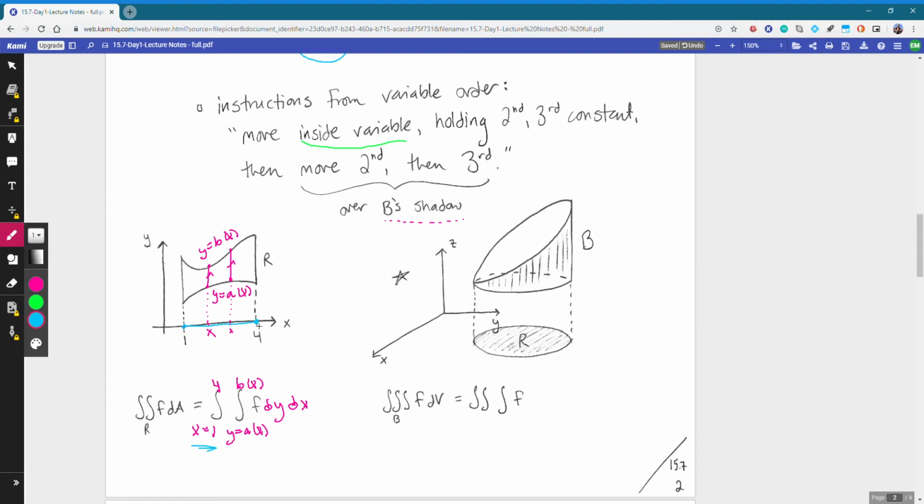Okay, so now let's bump up the dimension. Now we have a three-dimensional wedge shape, just floating in space here. And now we're imagining that we have some function of 3 variables that we are integrating over this thing.